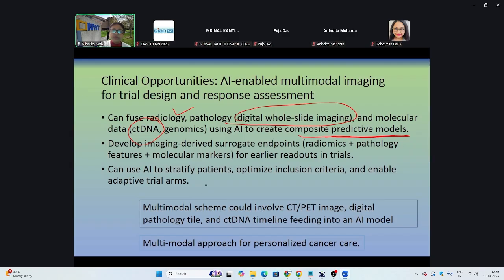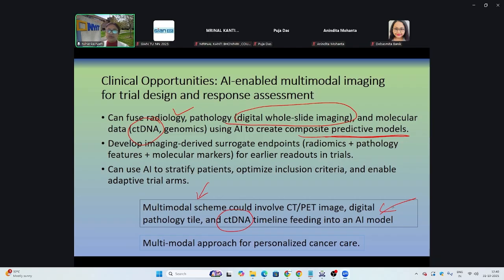A multimodal scheme could involve PET scan image, digital pathology, a whole slide, and circulating tumor DNA. You can feed everything into an AI model and make predictions of how well the treatment is going, whether there are still any cancer cells left, etc., in the clinic.